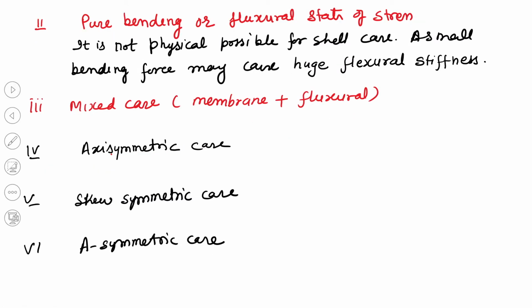Then we have the case of pure bending or flexural state of stress. Some studies have been done and the equations are solved, but from an actual physical point of view this condition is very dangerous, because bending and stretching cannot be decoupled. If there is bending, definitely there will be some stretching effect.